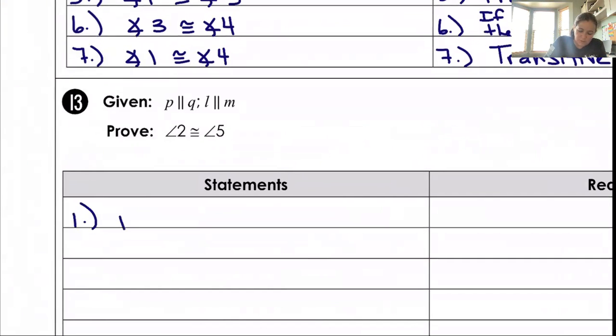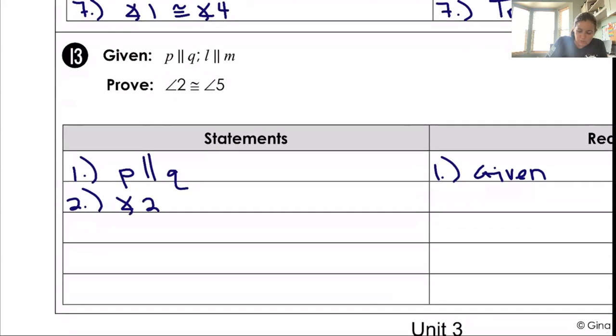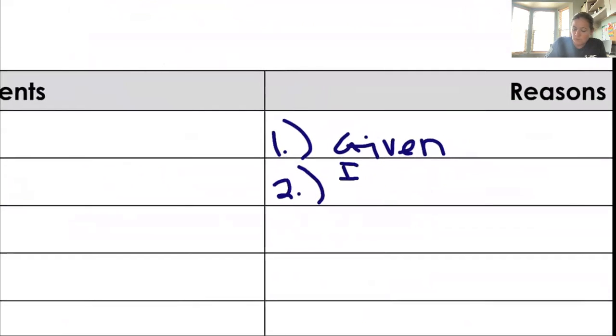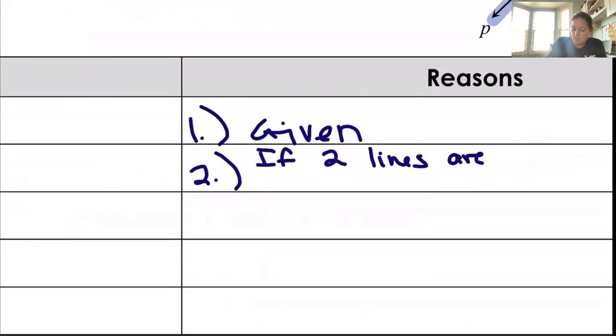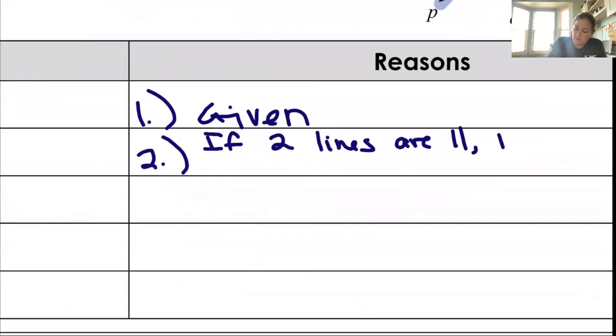So angle 1, P is parallel to Q. Step 2, that gave us angle 2 is congruent to angle 3. Two lines are parallel, then alternate interior angles are congruent.